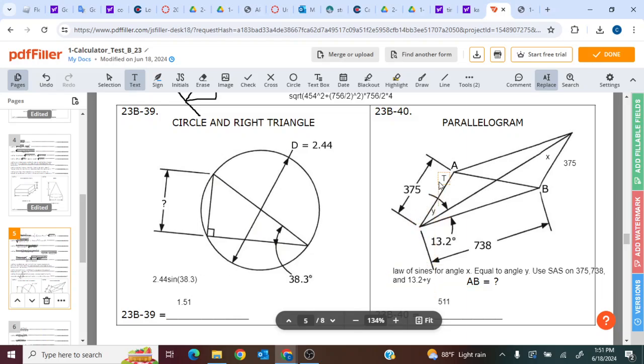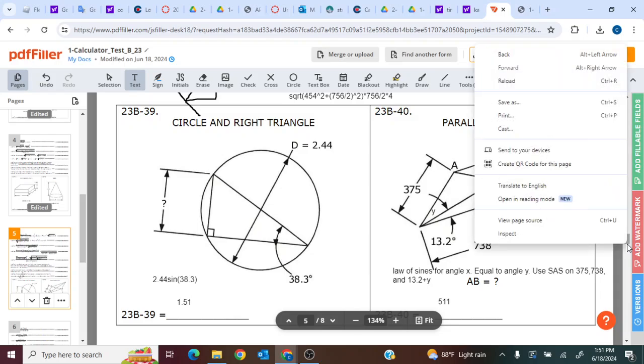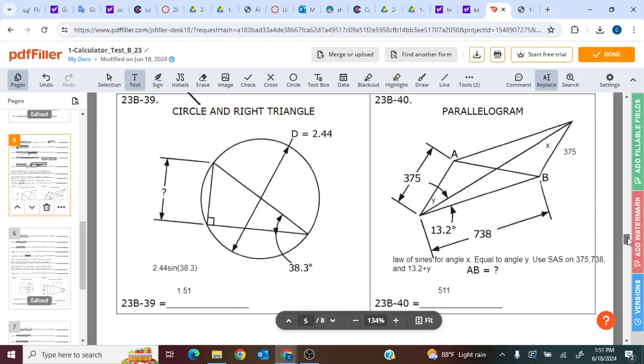And then you can use the SAS formula, triangle SAS, to solve for AB, plugging in the two sides and the angle of 13.2 plus the x or y that you got. And if you do that, you get 511 as your side length of AB.